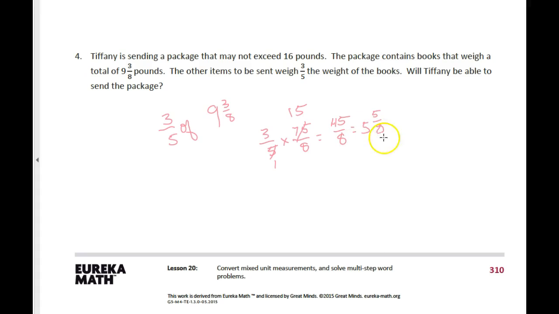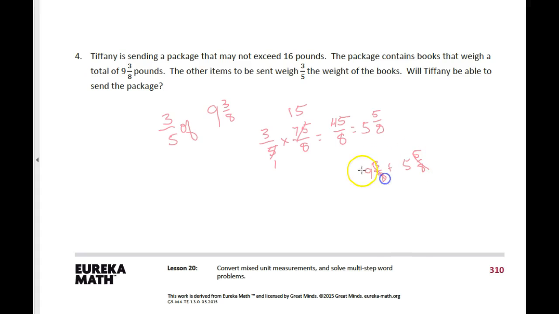Now let's see if we can add these together and see if this is going to be more than 16 pounds or not. So we had the 9 3/8 pounds of books. We're adding to that 5 5/8. So let's look at our fractions first. 5 plus 3 is 8. So that's going to get us another whole.